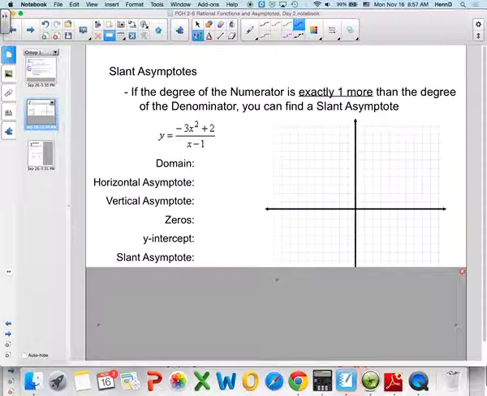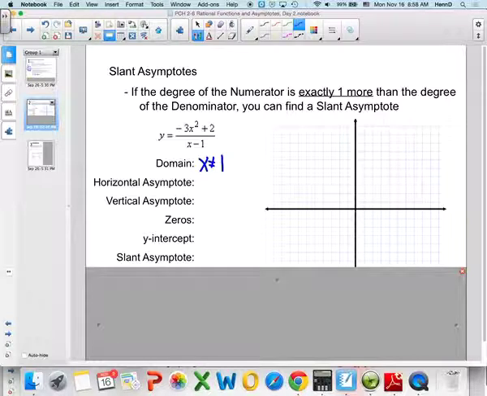Now, let's run through the same things that we've been running through, and then we'll get to the last part here, the slant asymptote, and look at how to find that. So first of all, our domain, what is x allowed to be? It can't be 1. X cannot be 1.